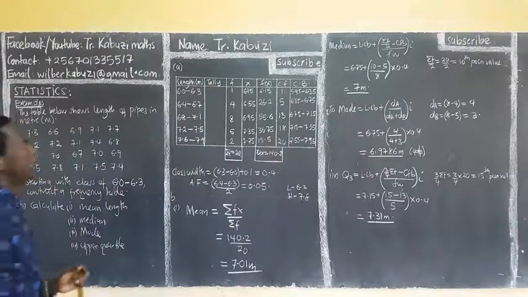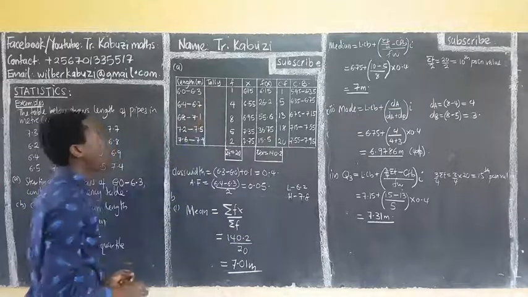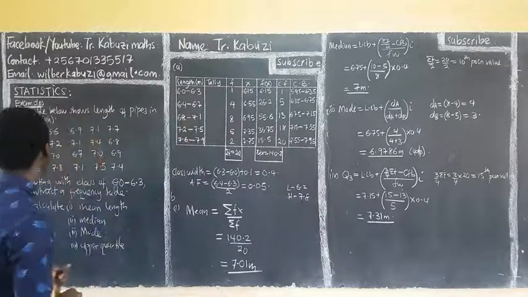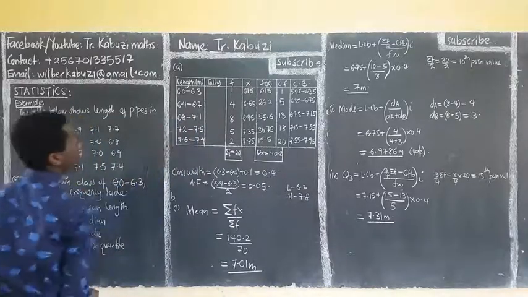So now to get the frequency, I'm going to start tallying. How do we tally? You put a stick for each figure.